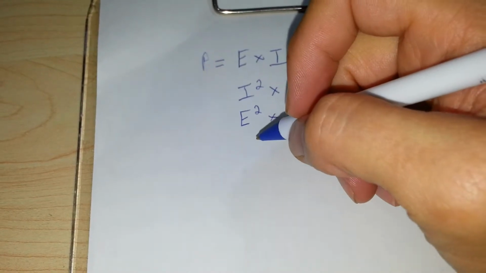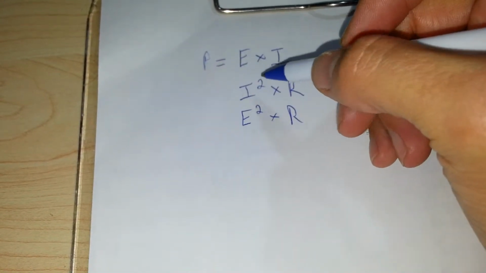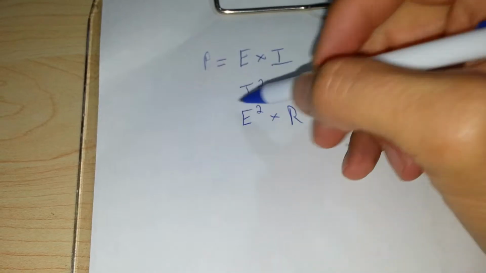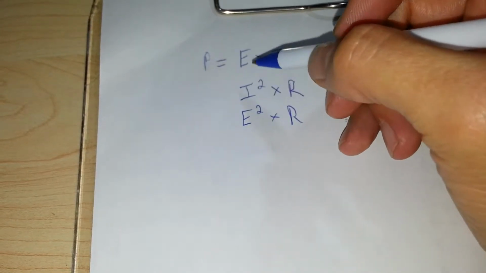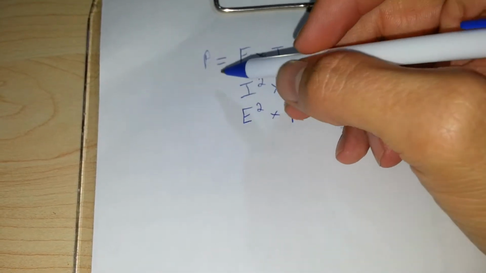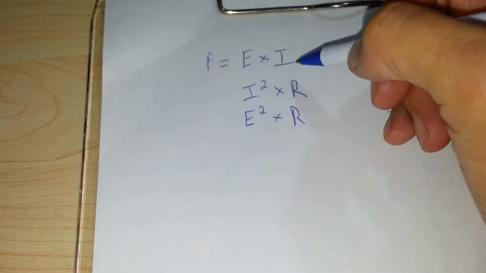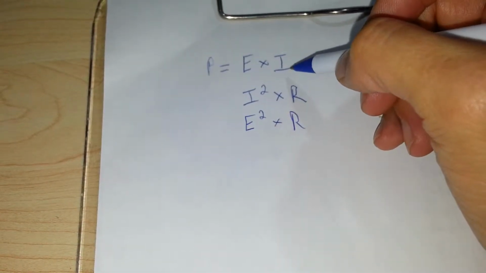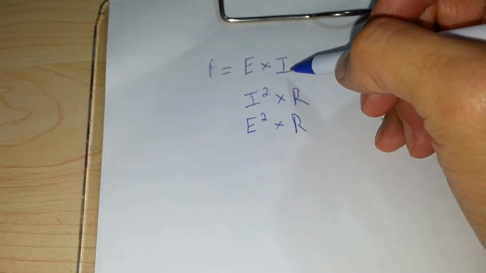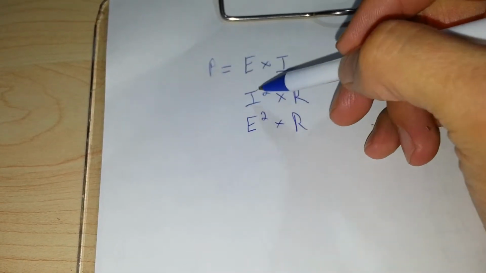If we wanted to solve for E, we would just divide I on both sides. So you would have E equals P over I, or you would have I by itself: I equals P over E.